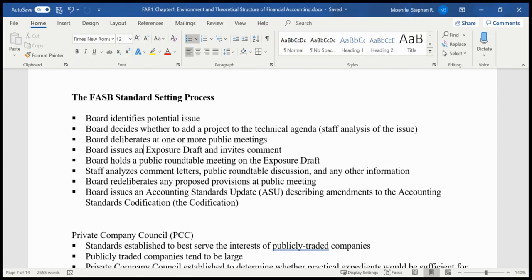The board then redeliberates any proposed provisions at a public meeting. Ultimately, the board issues an accounting standards update describing amendments to the accounting standards codification. That's the process. As you can see, it's deliberative. It takes a while, but they do a great job.